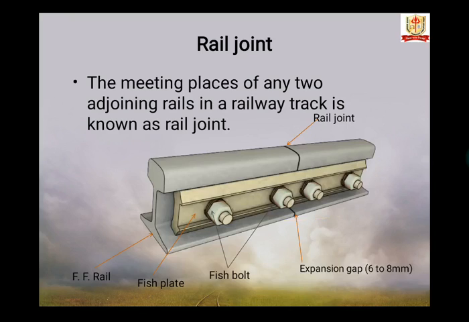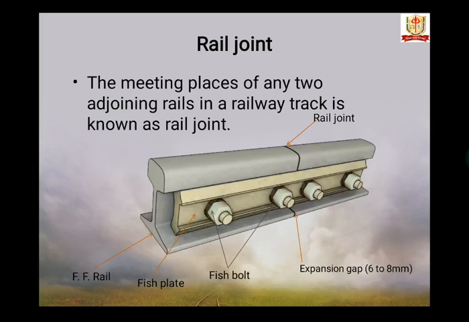So, what is a rail joint? The meeting places, or the continuity of the railway tracks. To ensure the continuity of a railway track, rail joints are necessary. This connection of any two adjoining rails in correct position is called a rail joint.